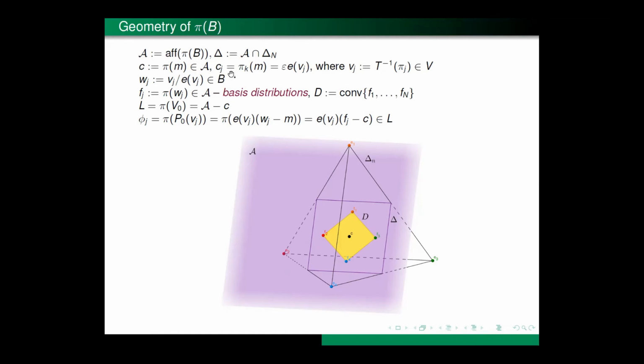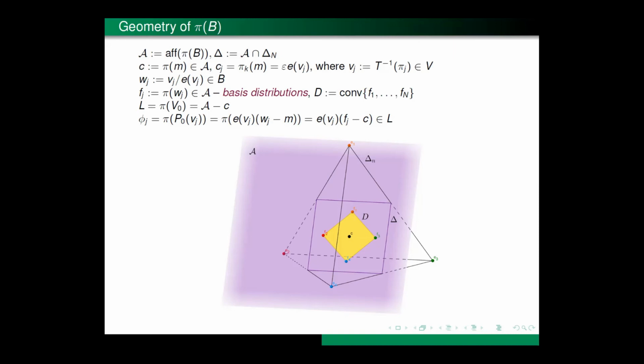We can calculate the coefficients of this state, and then we take Wj to be states. So we take these vectors that correspond to the effects Vj, and we normalize them so that they become states.